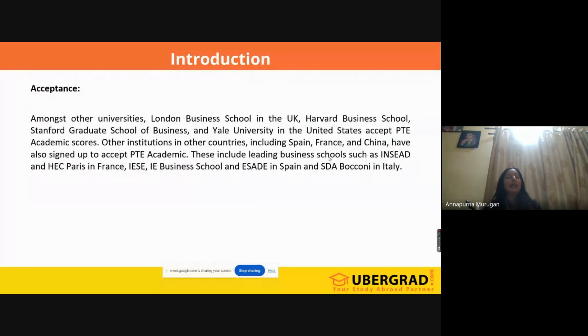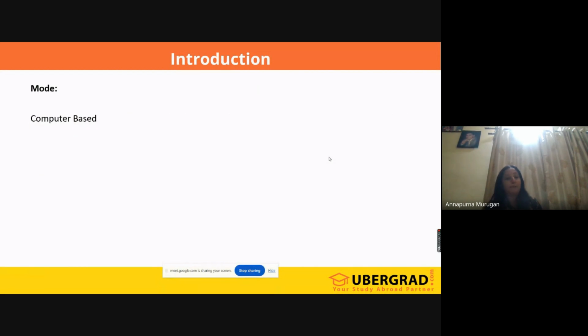Even the US accepts this, the UK accepts this, European countries accept this. In fact, in India also, some universities may take PTE. That means it is a universally accepted test, just like IELTS and TOEFL.